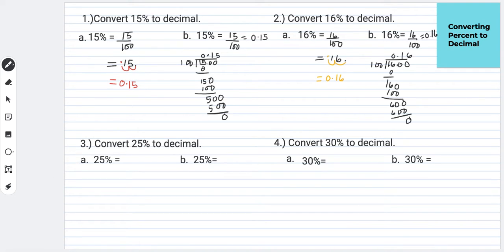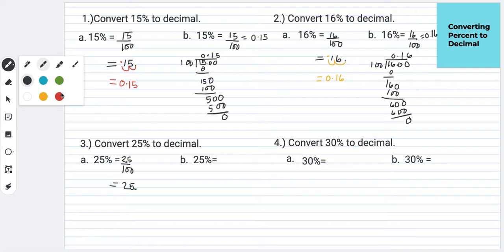Now we have another example, 25%, change it to decimal. That is 25 divided by 100. And we have to divide 25 by 100. First, the decimal point of 25 is right after number 5.